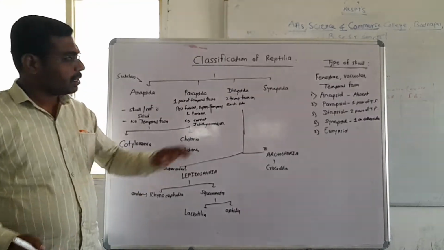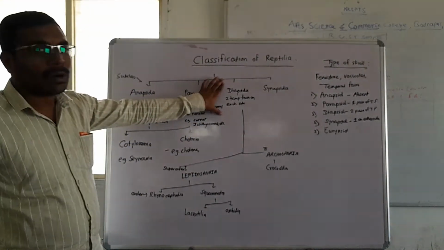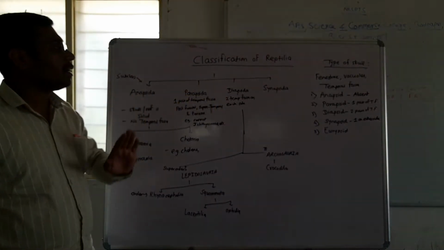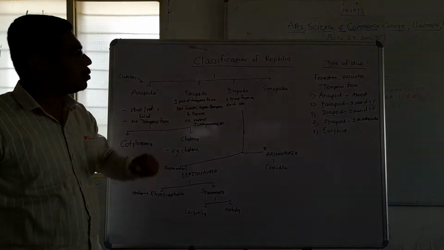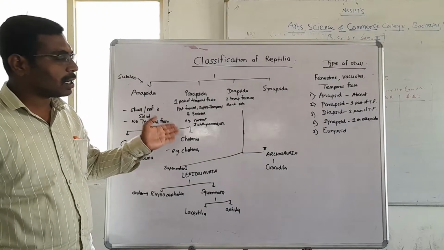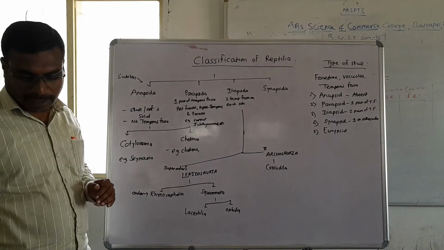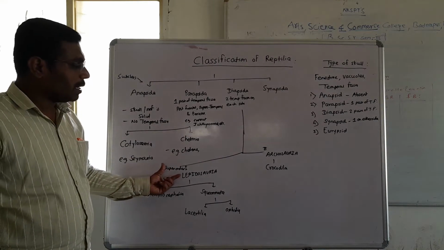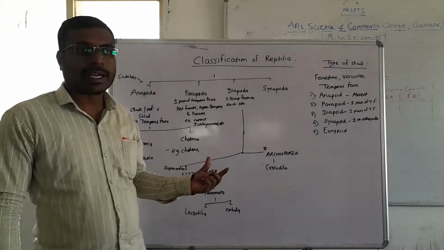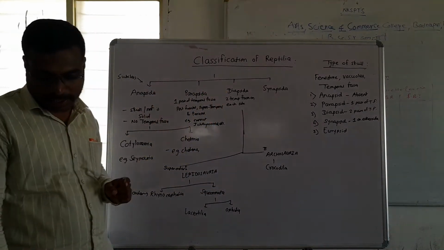Okay, we have understood what Diapsida is. Diapsida are the reptiles which include two temporal fossa, one on either side. Now it is divided into superorder 1, Lepidosauria. We will see the characters.